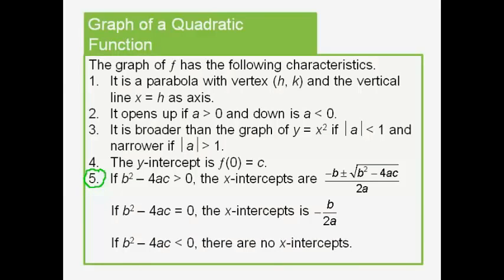When the discriminant is greater than 0, you're going to get 2 x-intercepts, and if you solve for x using the quadratic formula, you can find the x-intercepts that way. If it's equal to 0, you're only going to have 1 x-intercept, and that's the minus b over 2a number, whatever that is. And if it's less than 0, it's not even going to cross x.